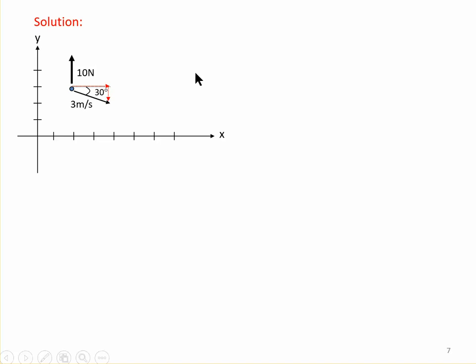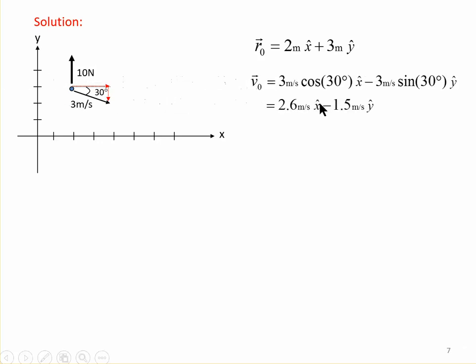Okay, well now let's see if we can be a little bit more precise about this. Let's start by identifying some things that we know. The initial position of the particle at time 0, we're told in the problem that it's 2 meters in the x direction and 3 meters in the y direction. That's its starting position. We can write down what its initial velocity is.